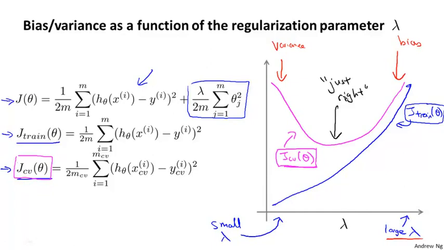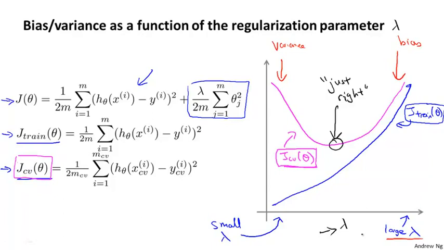For some data sets, you will really see these broad sorts of trends, and by looking at a plot of the holdout cross-validation error, you can either manually or automatically try to select a point that minimizes the cross-validation error and select the value of lambda corresponding to low cross-validation error.